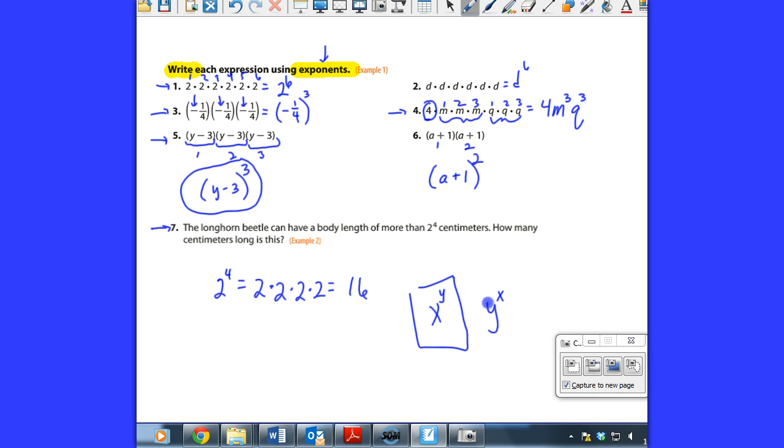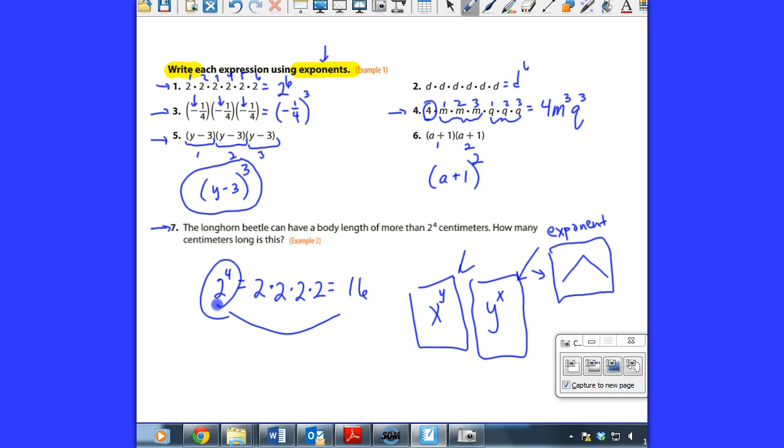It might be y to the x, but probably it's this button that has a little caret that looks like that. Okay, that is basically an exponent button. Now it depends on the type of calculator you have. So if I'm going to figure out 2 to the 4th is 16, I'm going to show you how to input that on the calculator.